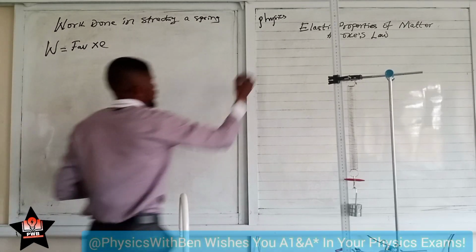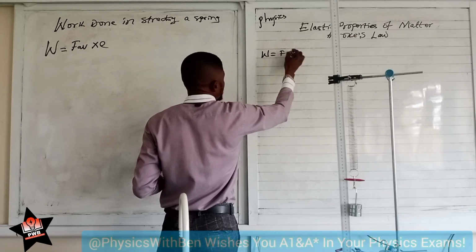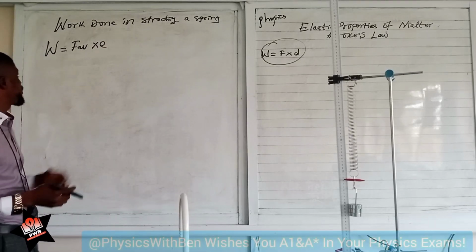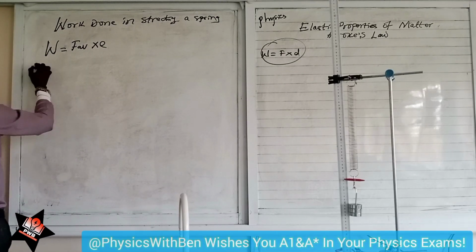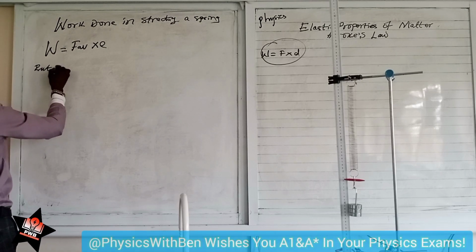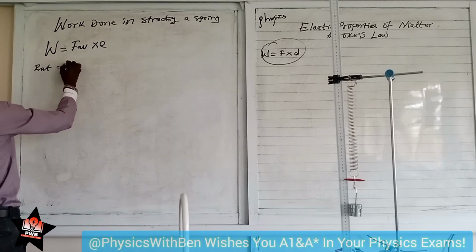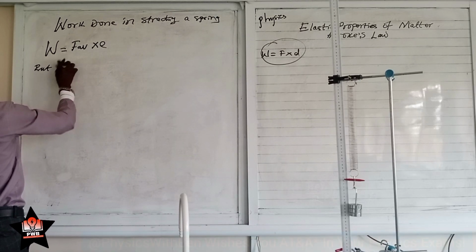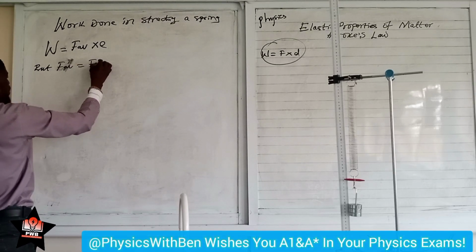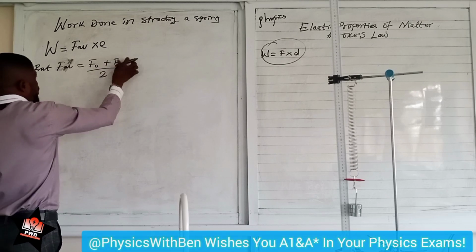You recall that extension is the distance. But the average force is given to be the initial force F naught plus the final force, divided by 2.